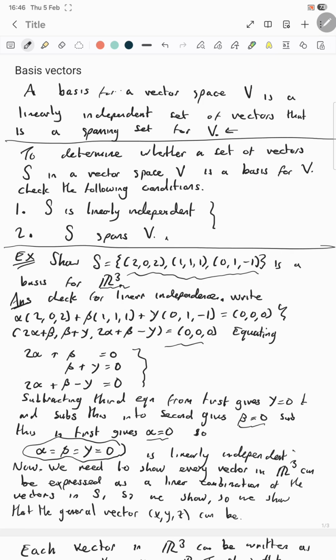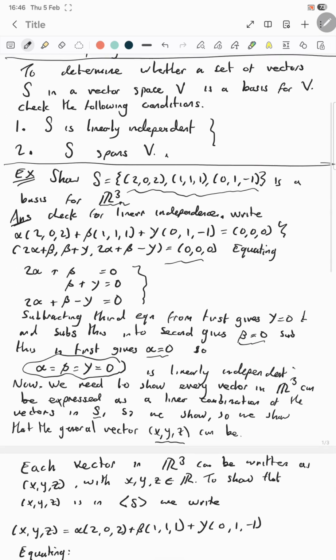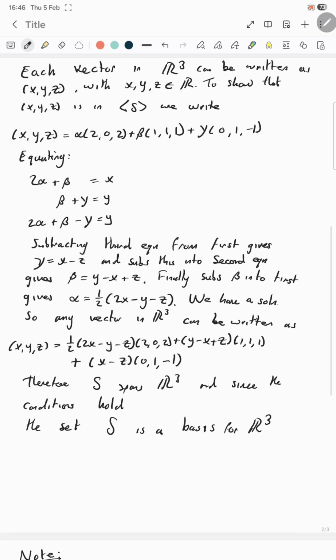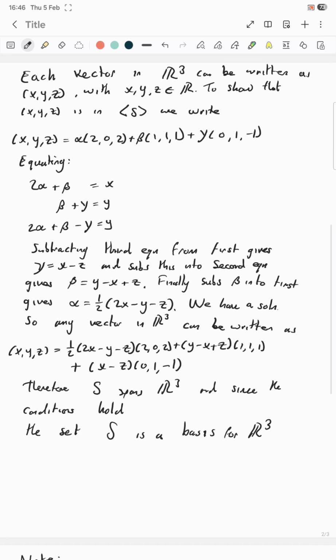Now we need to show that every vector in our space can be expressed as a linear combination of the vectors in S. So we show that the general vector (x, y, z), with x, y, z contained in the reals, can be written in terms of S. We write it out again and equate again.